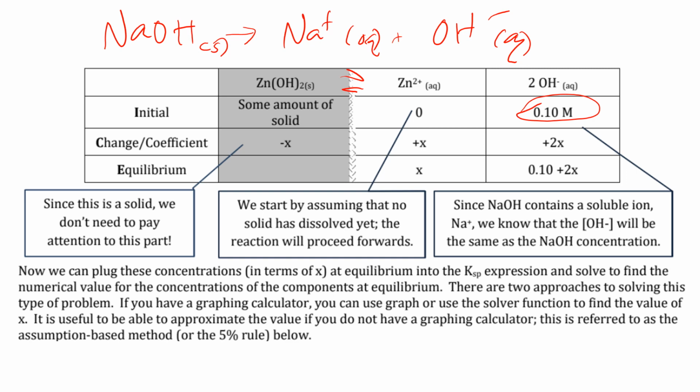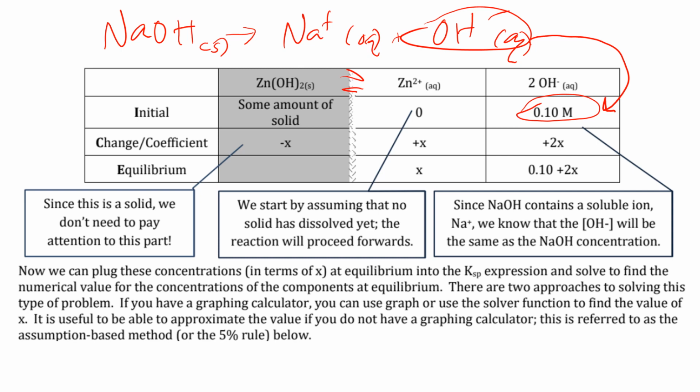Because of this, the molarity of the NaOH translates to the sodium and hydroxide ions here. And because this is completely soluble, we can assume that when it's mixed with the zinc hydroxide, the OH is going to be the same concentration, so 0.10 molar.